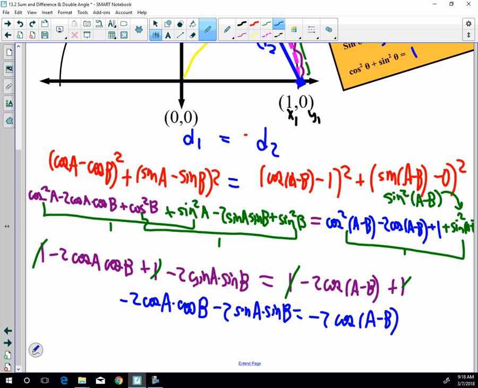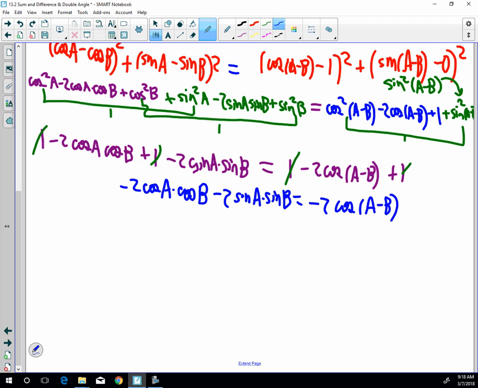Now what can I get rid of? Can I divide by anything? Both sides? Yep, negative 2.